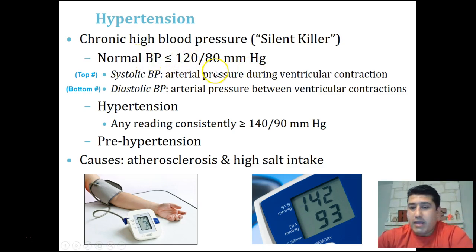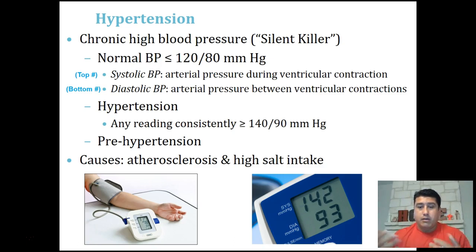The 120 and the 80, those numbers represent certain measures. The top number is known as the systolic blood pressure, and the bottom number is known as the diastolic blood pressure. The systolic blood pressure is the arterial pressure during ventricular contractions. So remember, going back to the heart, it has that two-pump system where you have the atria contracting and then the ventricles contracting. When the ventricles contract, blood from the left ventricle is sent to the entire body.